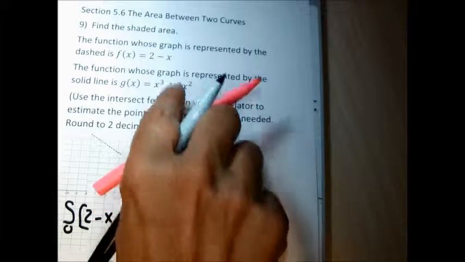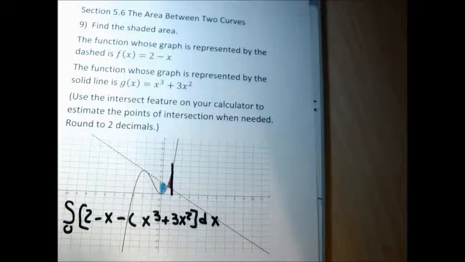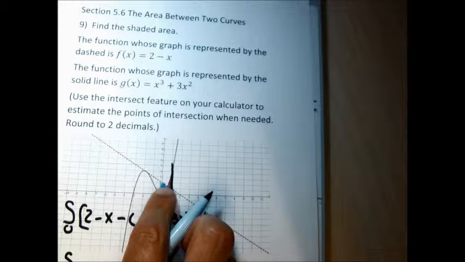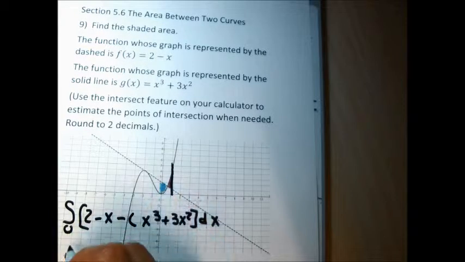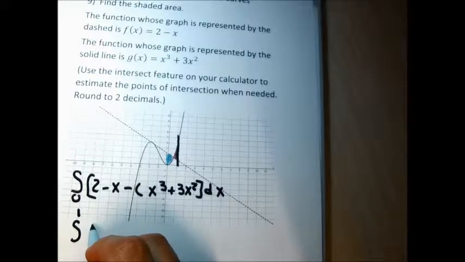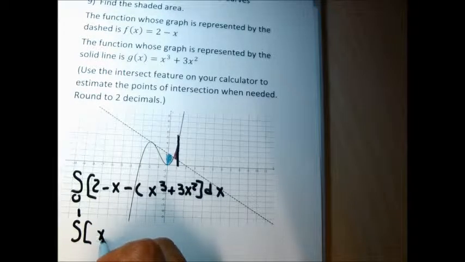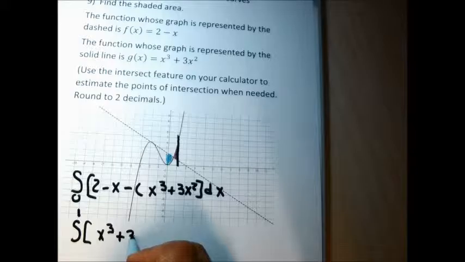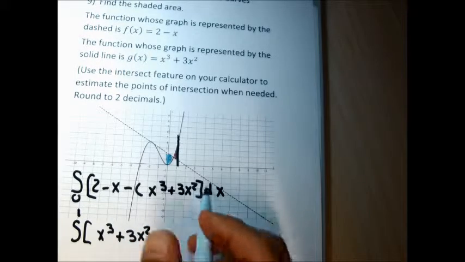In that region, the solid line, the g function, is on top. That starts at that value of x where the points intersect and ends at x equal to 1. And that's going to be the g function minus the f function.